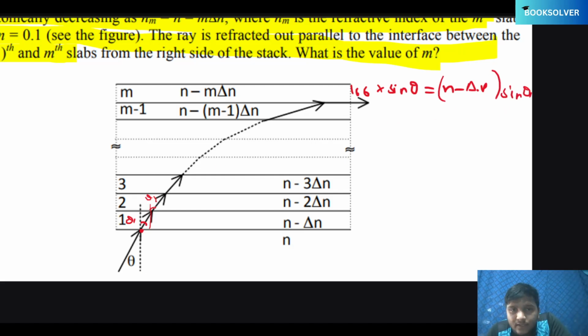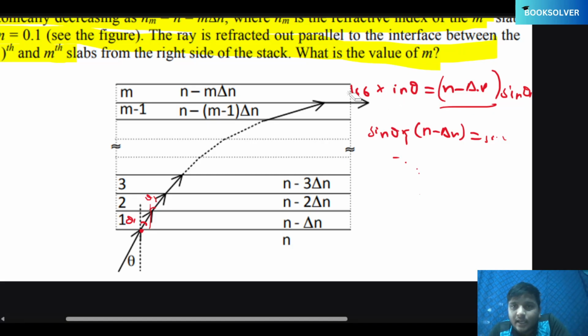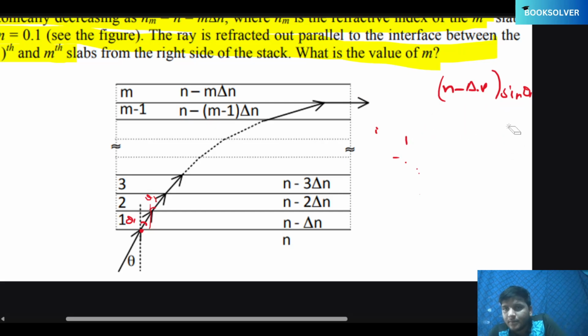Similarly, if I write this for the next surface, we will get sine theta 1 times the refractive index n minus delta n equal to the next index times sine theta 2. If I write it many times, all these are equal, and the ultimate equation that I can write from all this is the one I will use to solve this.